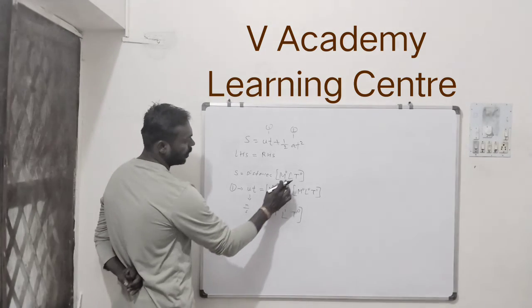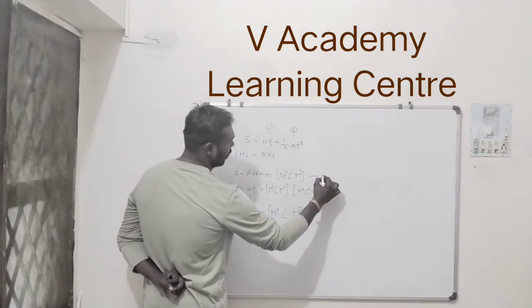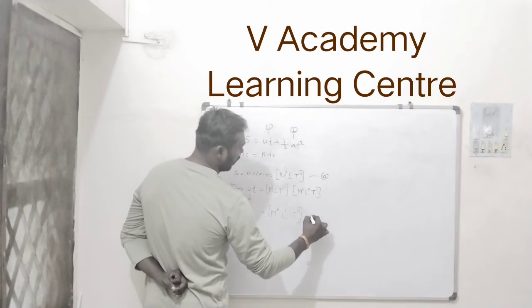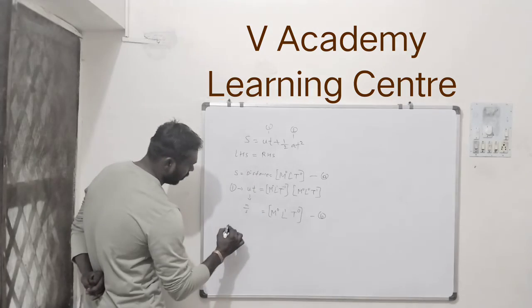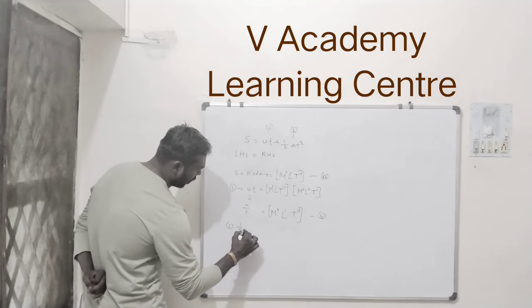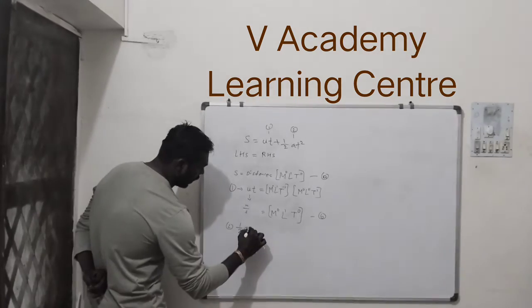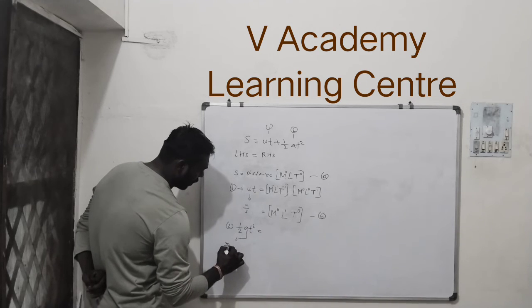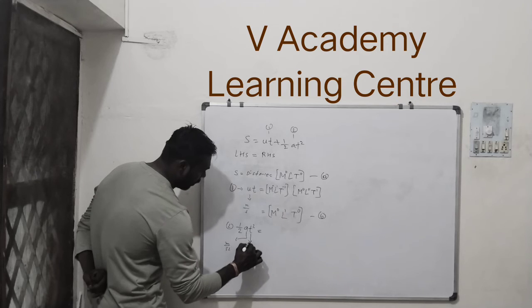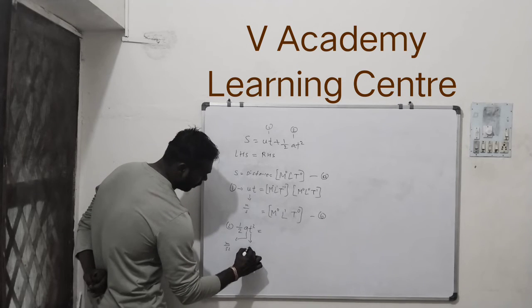Next term, same equation. We'll go in reverse. The second term is half a t square. a means meter per second square, t means time.